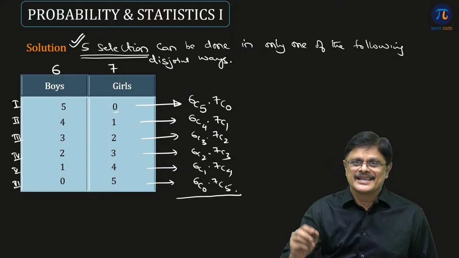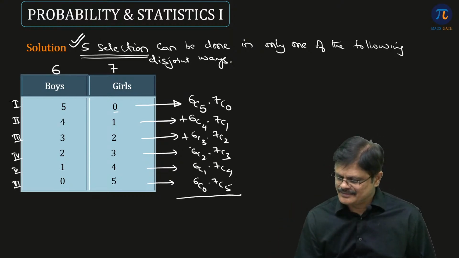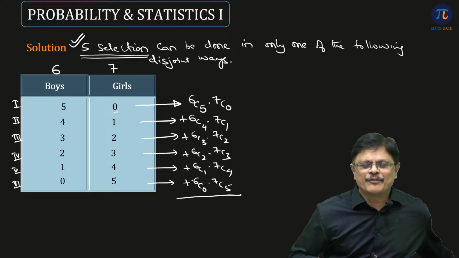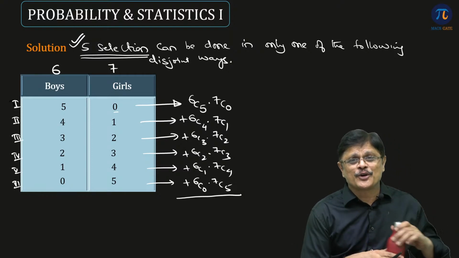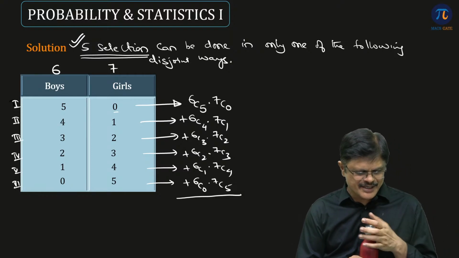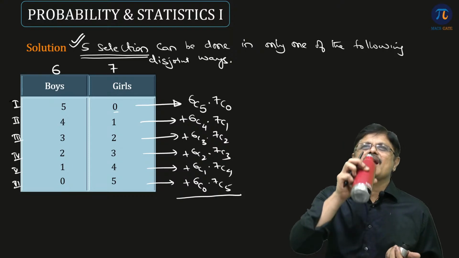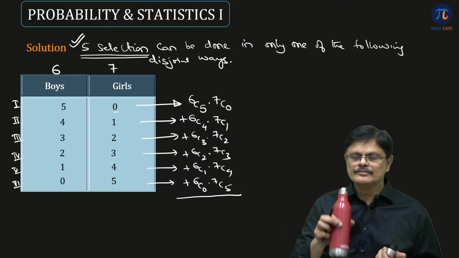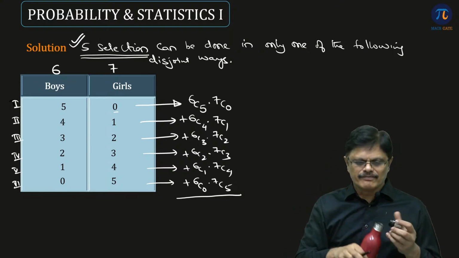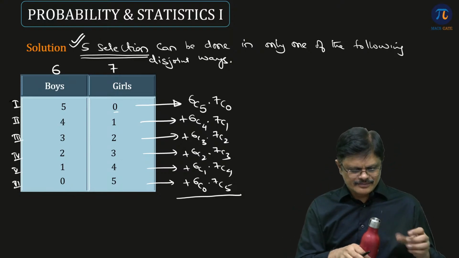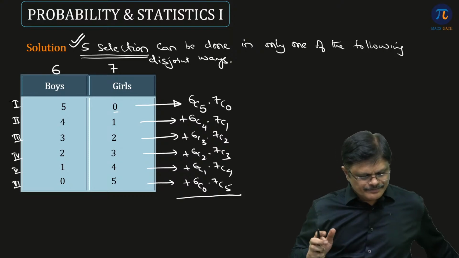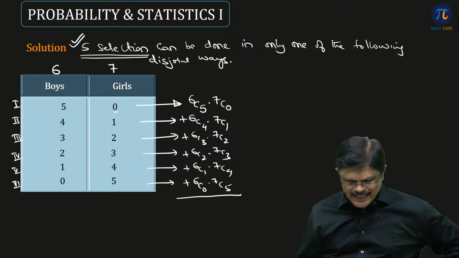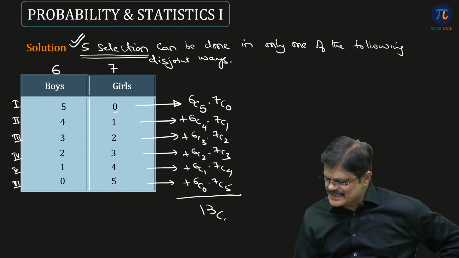So if you add these, can you tell me what answer we are going to get? Anyone? Please try to answer. If you add up, that answer is 13C5.